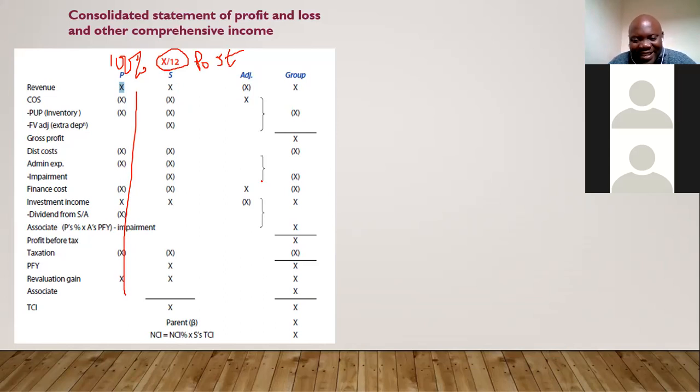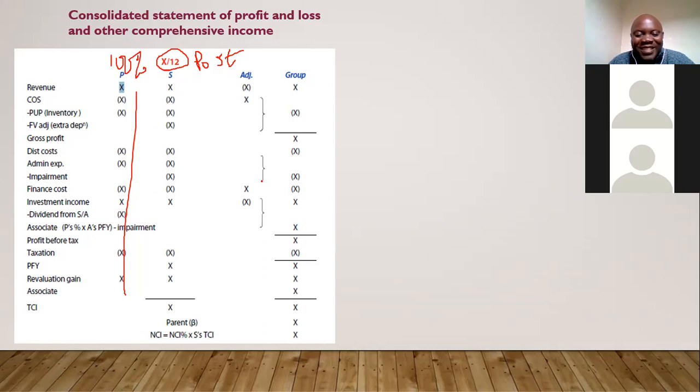The assumption here is that the profits generated, all business transactions that have been accounted for in the income statement, are assumed to be incurred or earned evenly throughout the year.